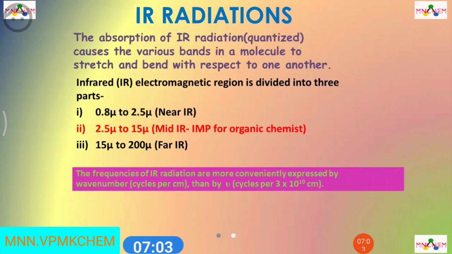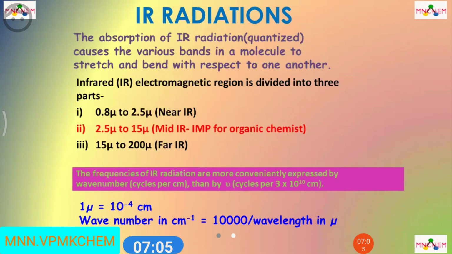So how do we convert the wavelength into wave number? One micron is equal to 10 raised to minus 4 centimeter. So if I want to convert it into wave number, the unit of which is per centimeter, it will be equal to 10,000 divided by the wavelength in micron.